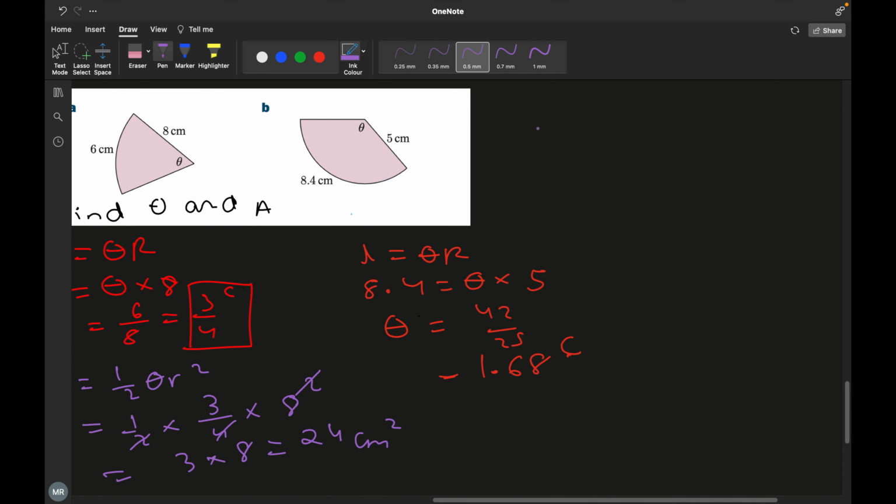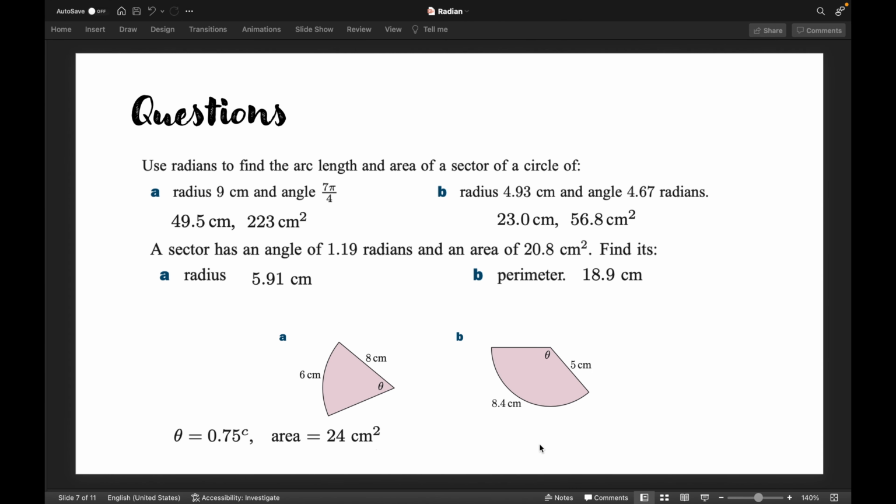Now let's find the area. Half theta r squared, so half into 1.68 into 5 squared. That's 21 cm squared. So we got the answer.